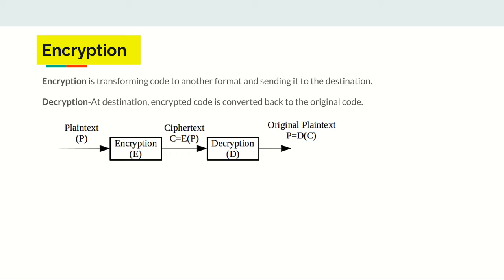The original code can be obtained from the cipher code, a function of C converted by the decryption function. So the original plain text can be obtained.